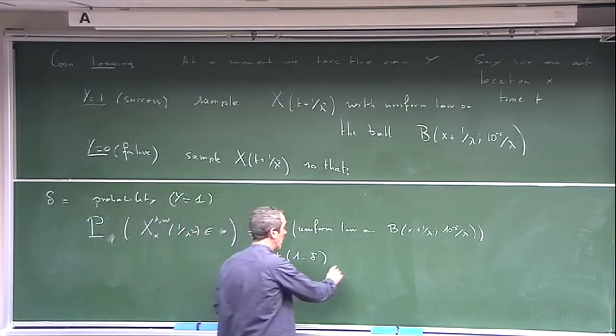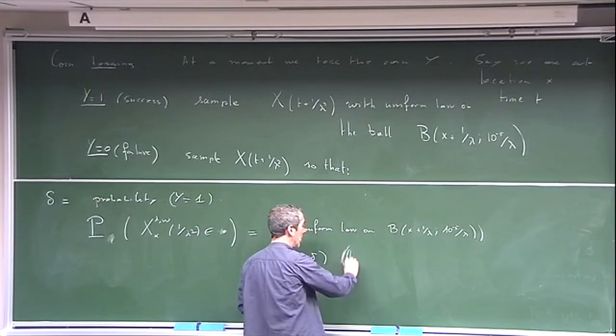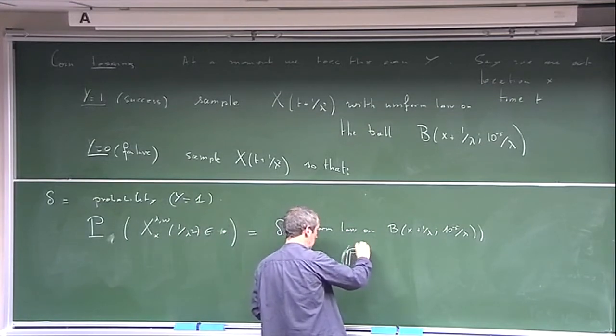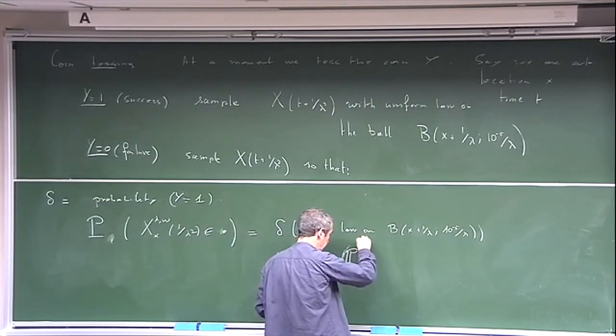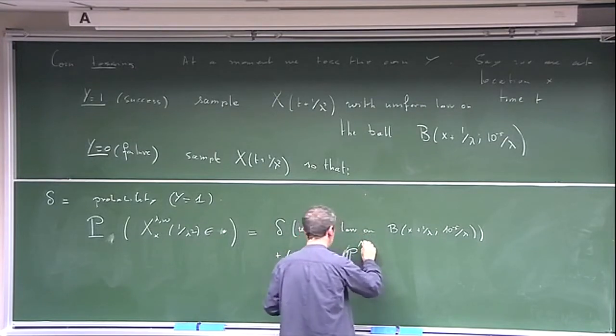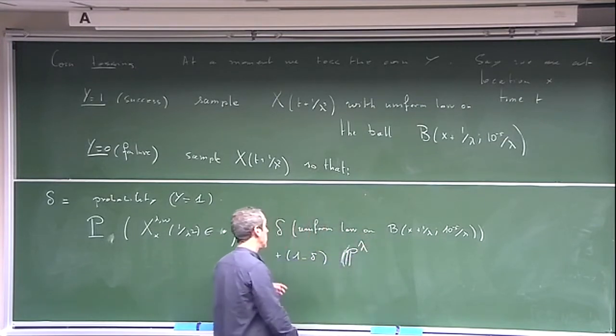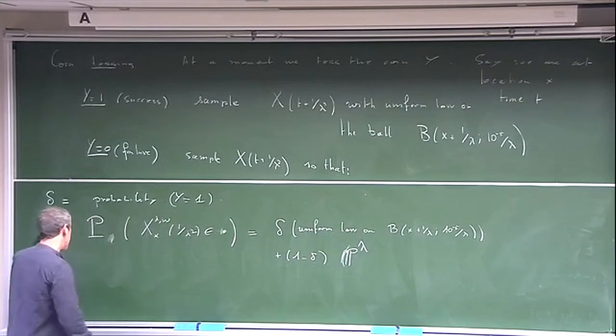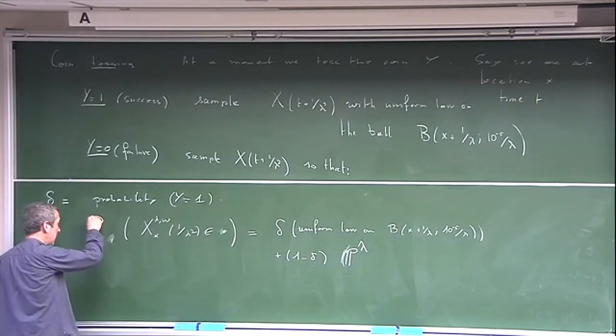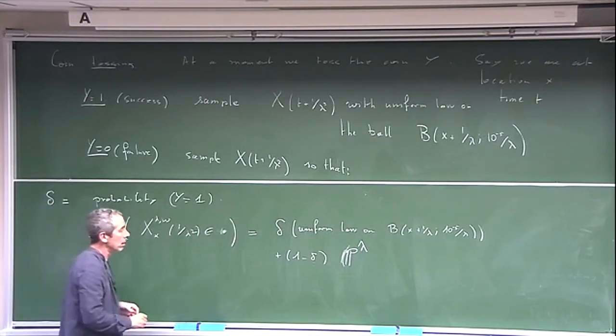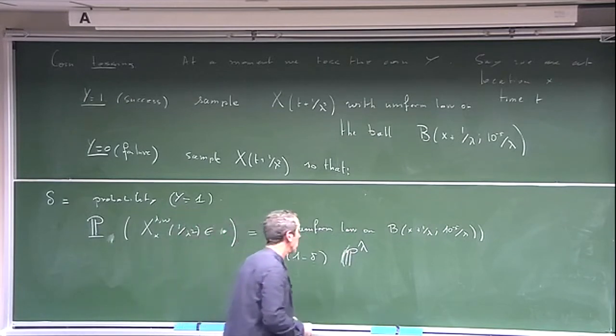So actually what I want is the probability when I condition on y. When you say uniform law on the ball, it is normalized, right? Yes, it's normalized.